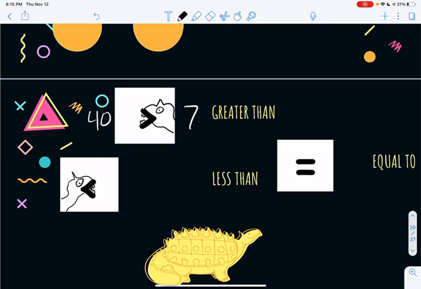So the alligator is pointing the other way. What would that mean? It would mean the bigger number has to be on the right. So 7 is less than 40.